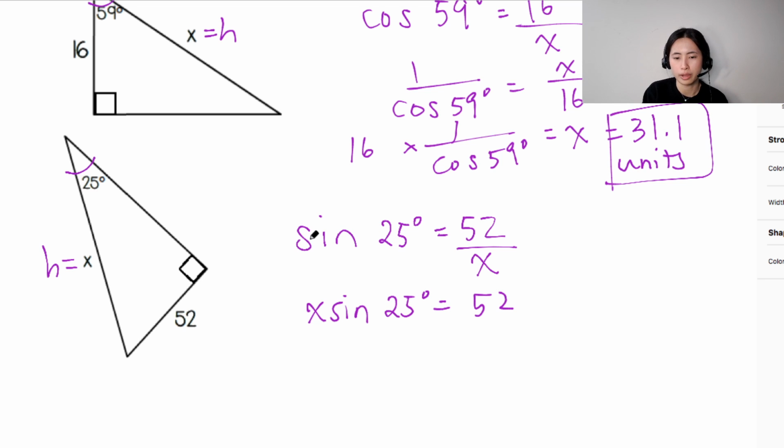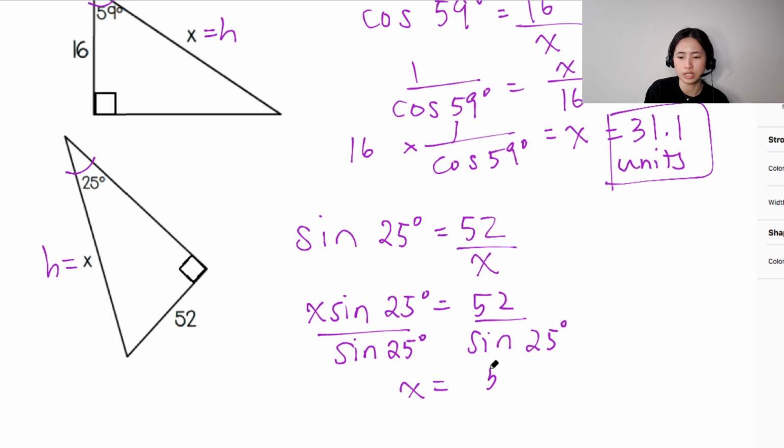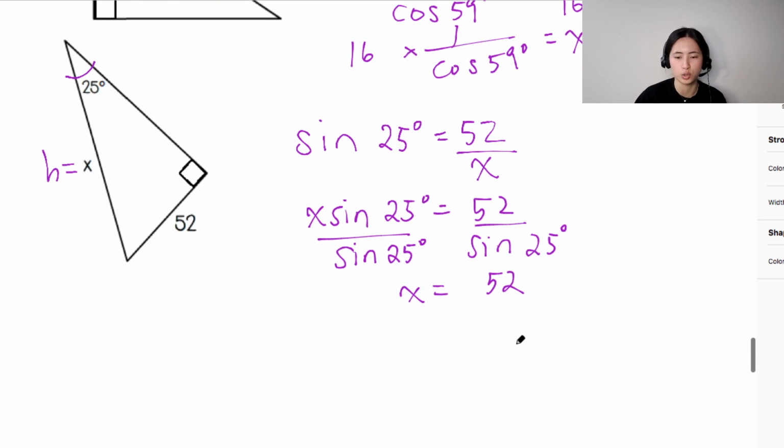So I'm cross multiplying x times sine 25 degrees, and 52 times 1 because sine 25 degrees is over 1. Great, so we have that. Then we can divide both sides by sine 25 degrees. So now we'll see that x is equal to 52 times 1 over sine 25, or 52 over sine 25 is fine.